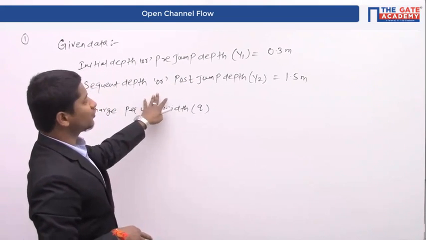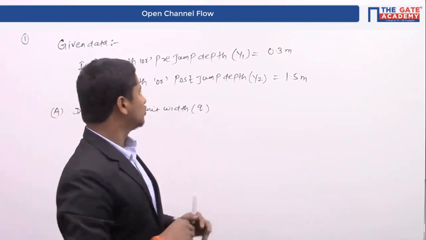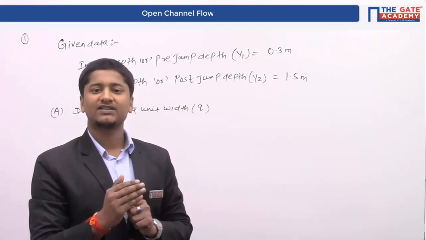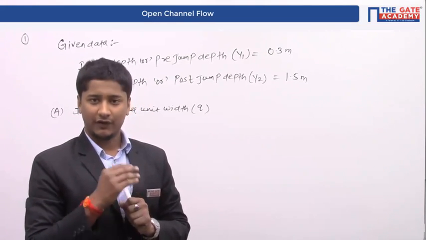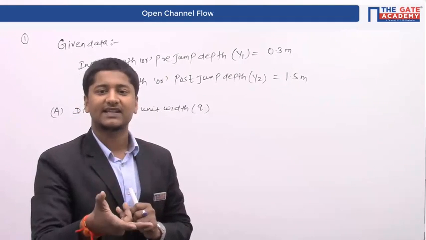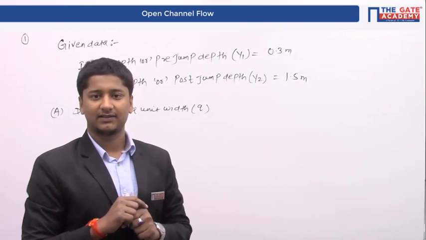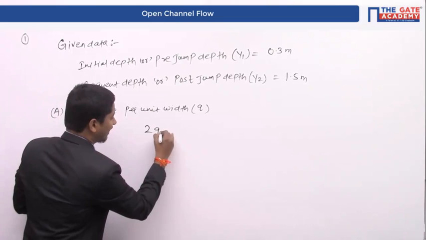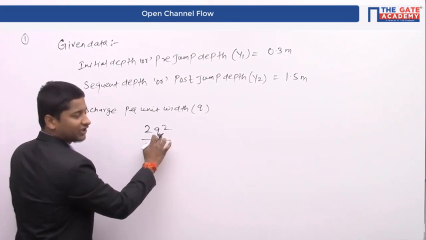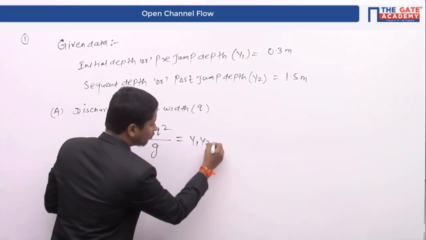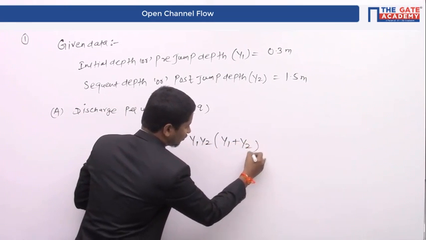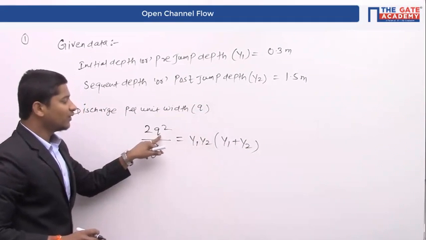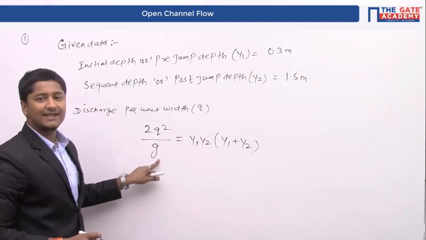Before solving, recollect the formulas you have for a hydraulic jump in a rectangular section. One formula, as you remember, is 2q squared over g equals y1 y2 (y1 plus y2), where q is small q, the discharge per unit width, y1 is the initial depth, y2 is the sequent depth, and g is acceleration due to gravity.